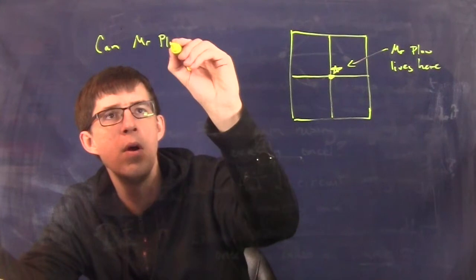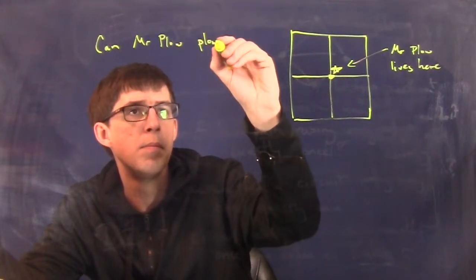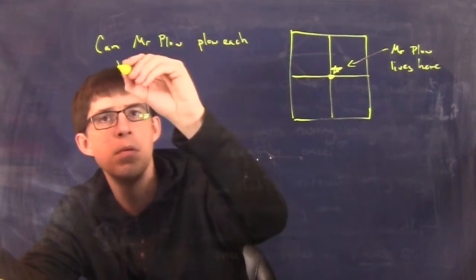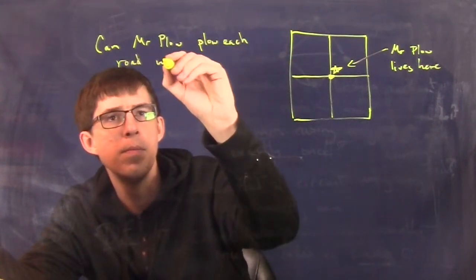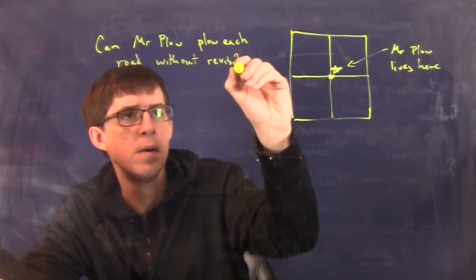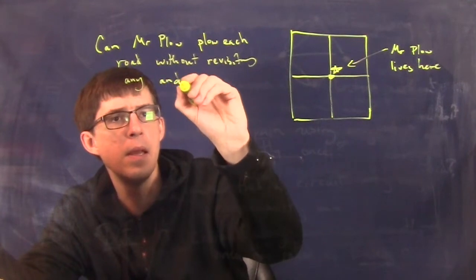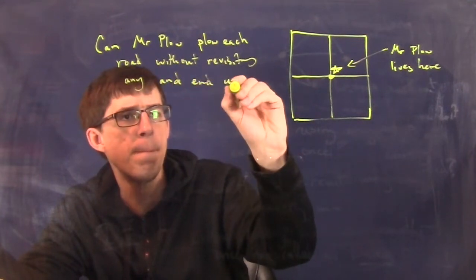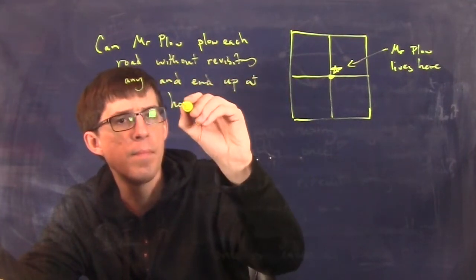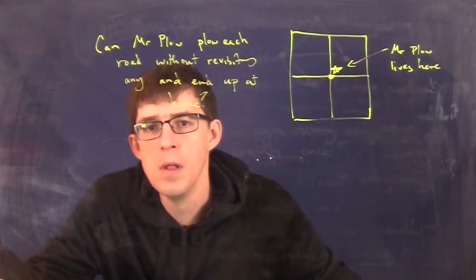Can Mr. Plow plow each road without revisiting any, and end up at home? Is that possible to do from here?